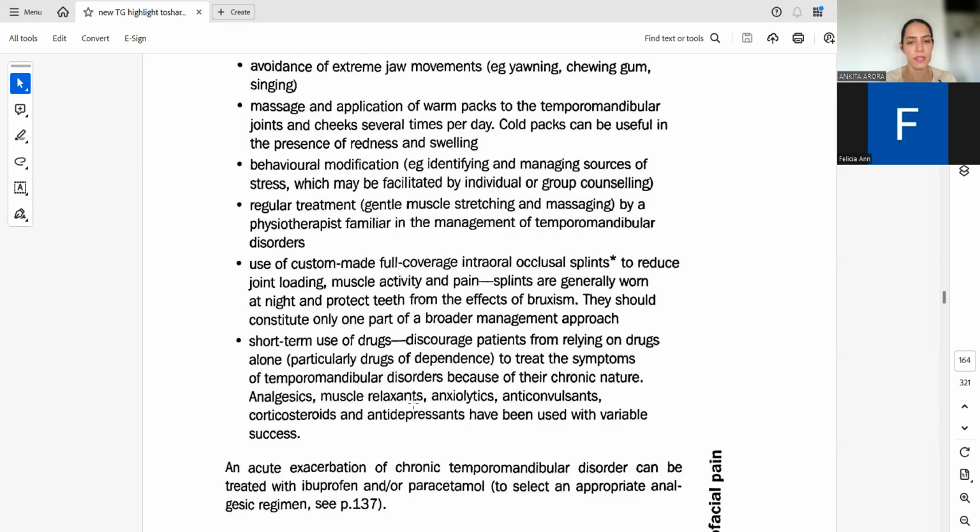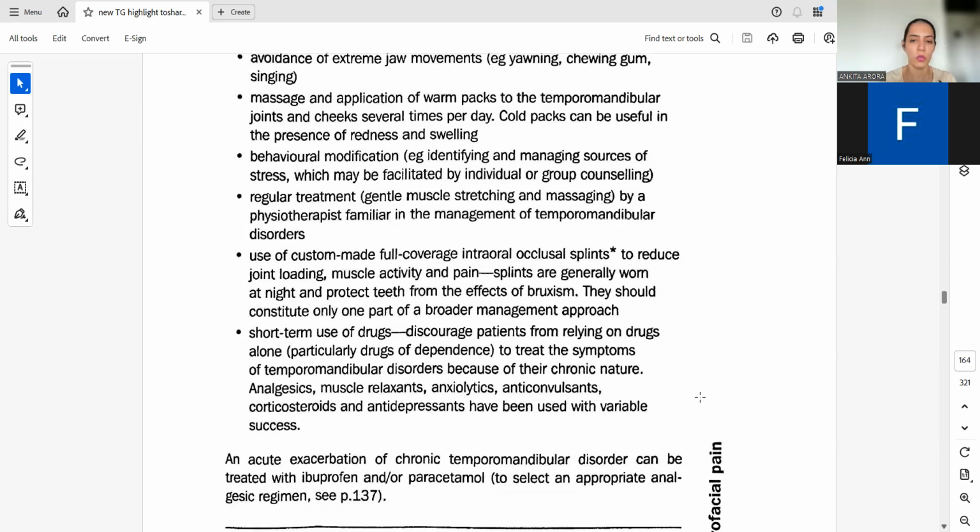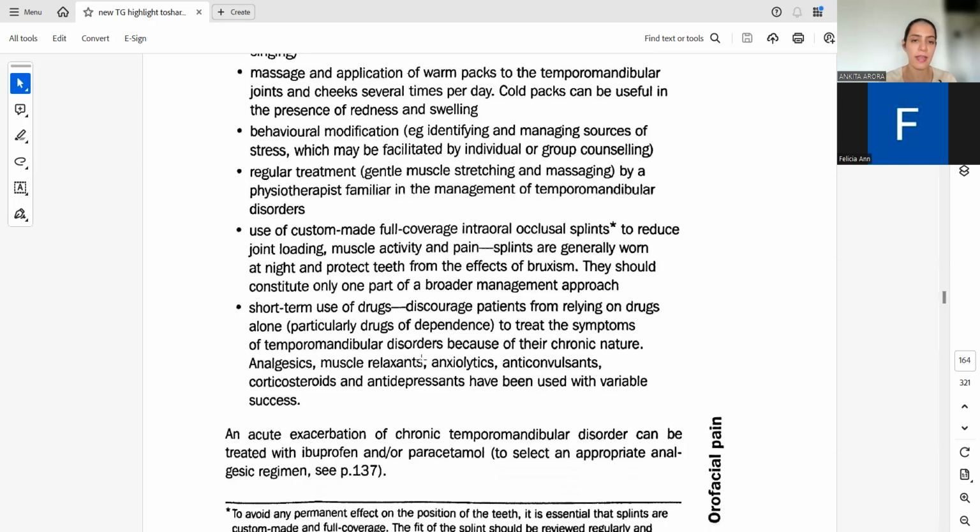Analgesics, muscle relaxants, anxiolytics, anticonvulsants. Here we have anxiolytics and anticonvulsants for patients who are anxious and who have secondary TMJ disorders due to their psychosomatic disorder. Then corticosteroids for reducing inflammation in the joint, and antidepressants have been used with variable success.